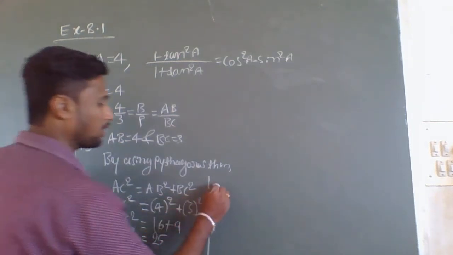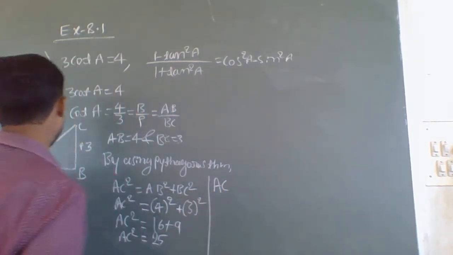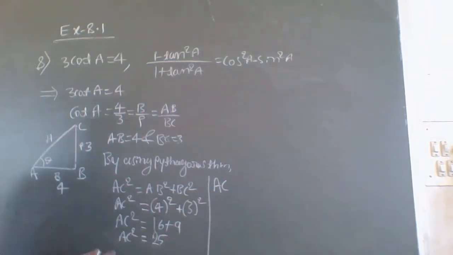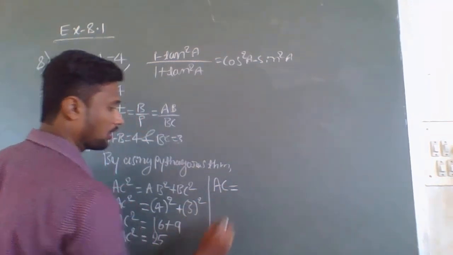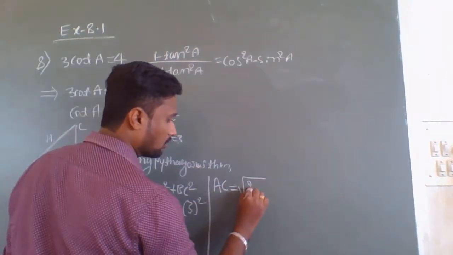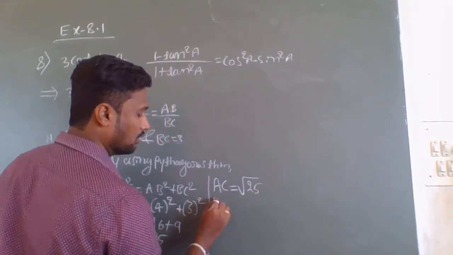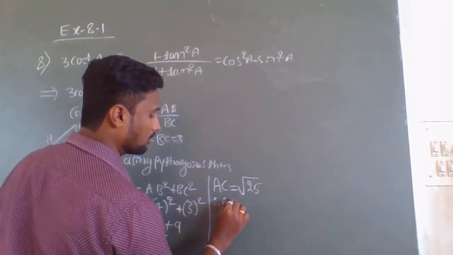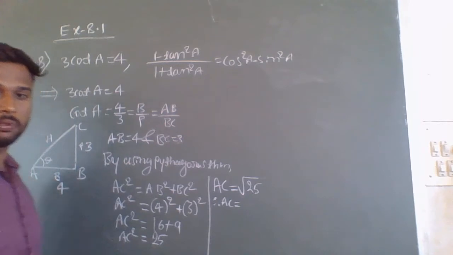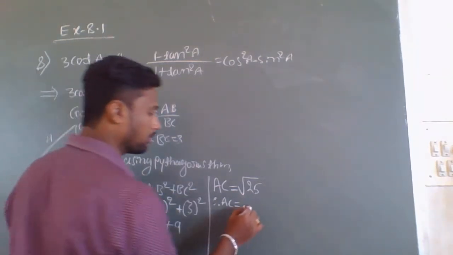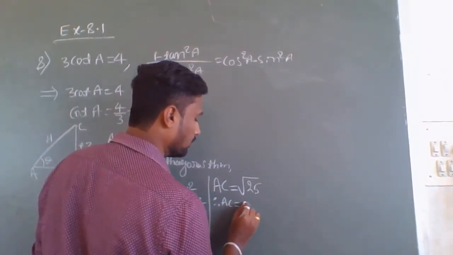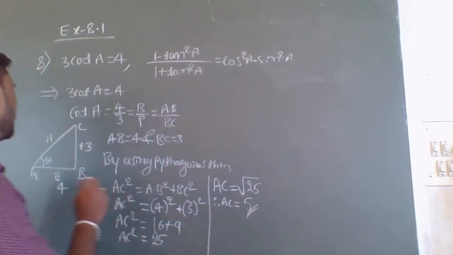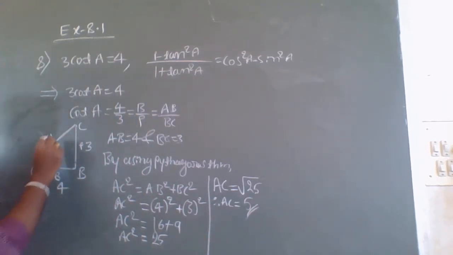But we are calculating the length of the hypotenuse AC. Here it is AC square, but now we are considering AC, so AC equals the square root of 25. The square root of 25 is 5. So the length of hypotenuse AC is 5.